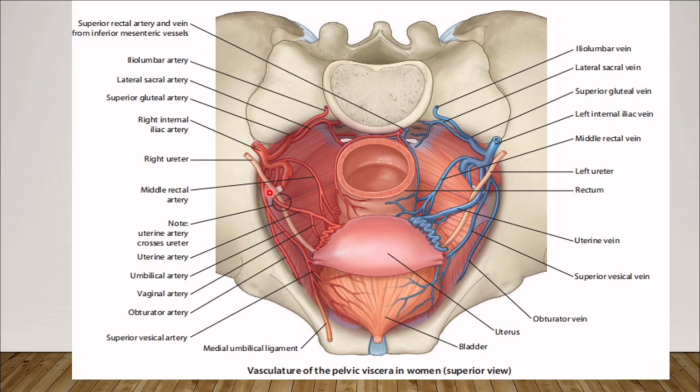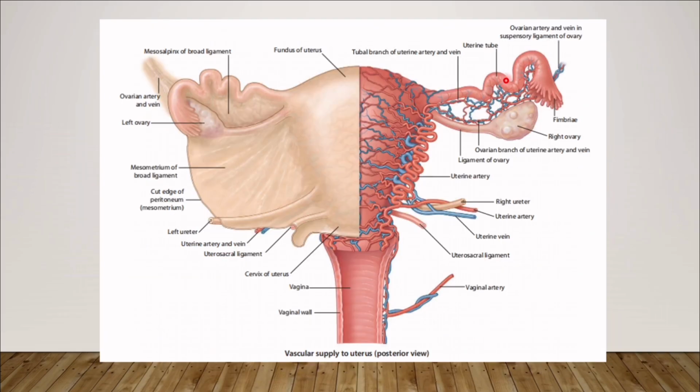Because let's say, for example, there is a cancer in the uterus, okay, and we are trying to remove the uterus and its associated arteries. We should bear in mind to be careful when we are dealing with the uterine artery. The uterine artery will supply this one. You see, this is the uterine.